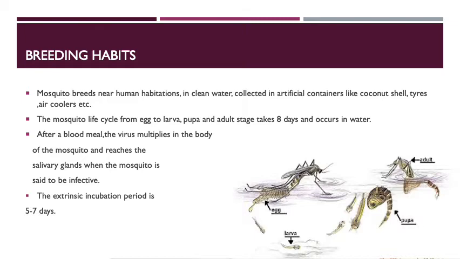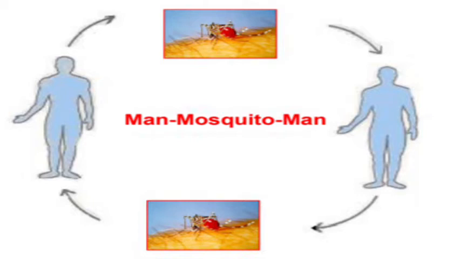After a blood meal, the virus multiplies in the body of the mosquito and reaches the salivary glands, when the mosquito is said to be infective. The extrinsic incubation period is 5 to 7 days. Now, this is the cycle of transmission.